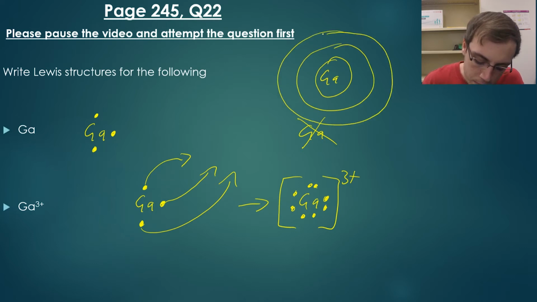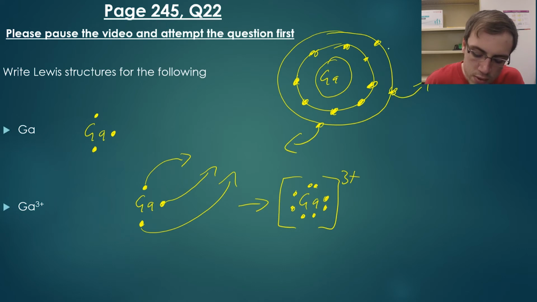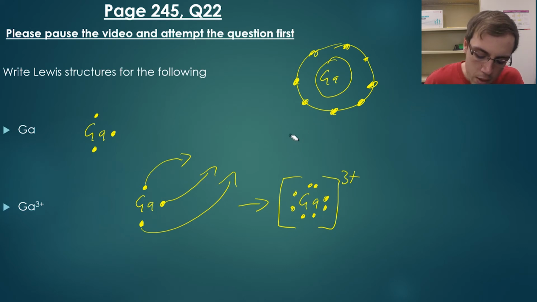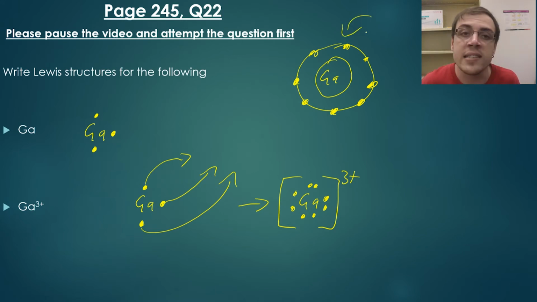So if gallium had 3 electrons in its outermost shell, but it had 8 in its lower energy level, and it lost these 3 electrons, then that means that this shell here doesn't exist anymore, because there's no electrons there to occupy it. And that is why gallium reverts back to this, and it has 8 electrons in its outermost shell.